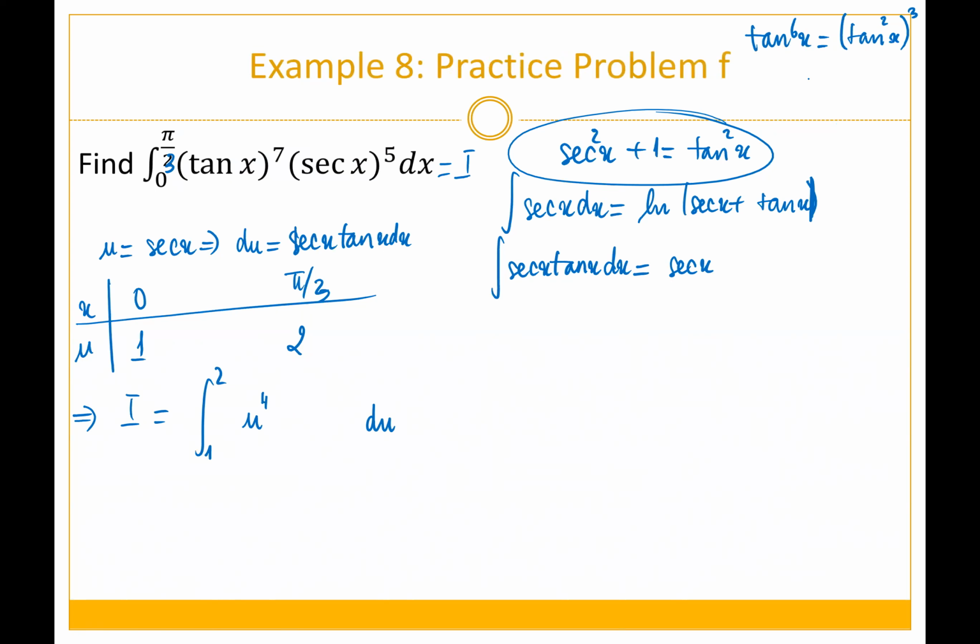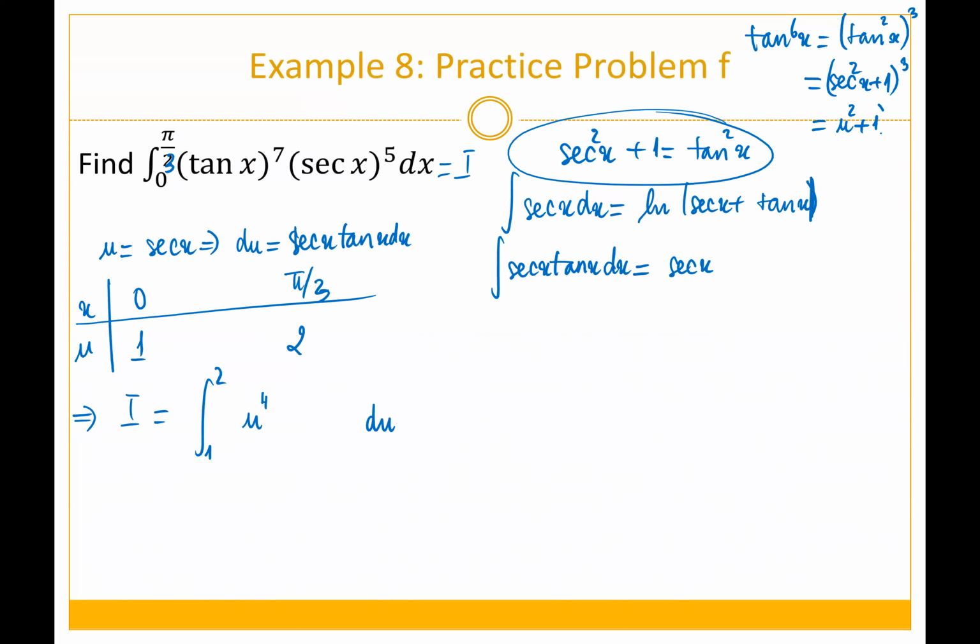And that one you can write as (u^2 minus 1) cubed, since tangent squared is secant squared minus 1. It's a little bit annoying when we have to expand a cube, but that is the better way to solve it. There's not actually another way that I can think of to solve the problem.